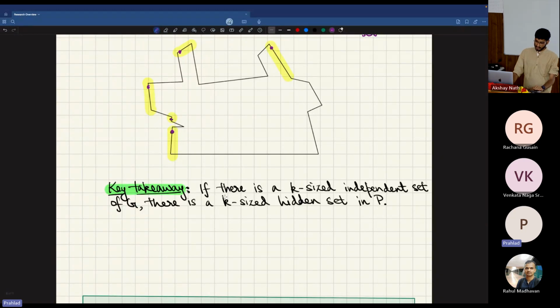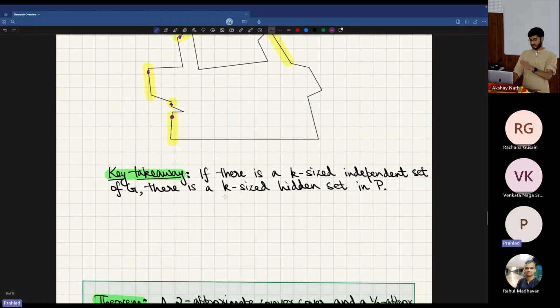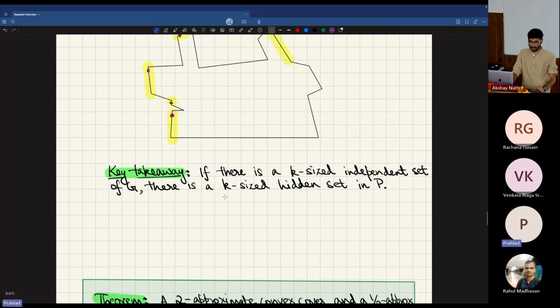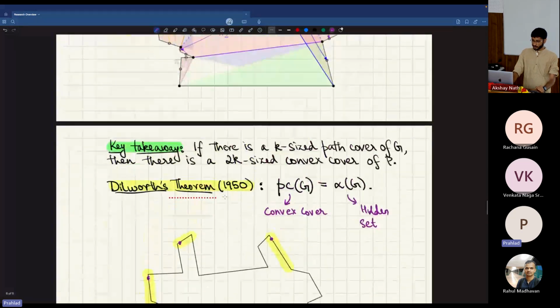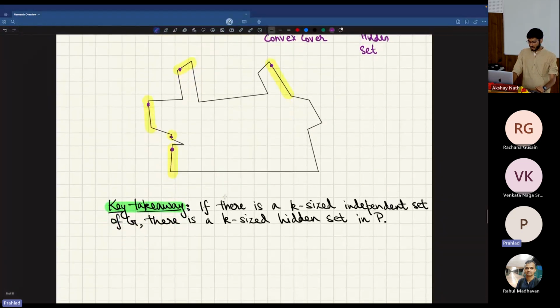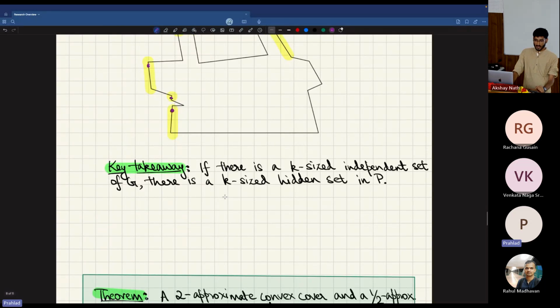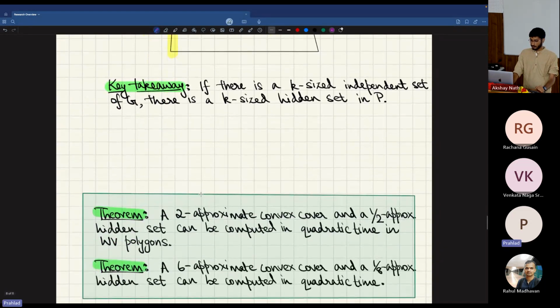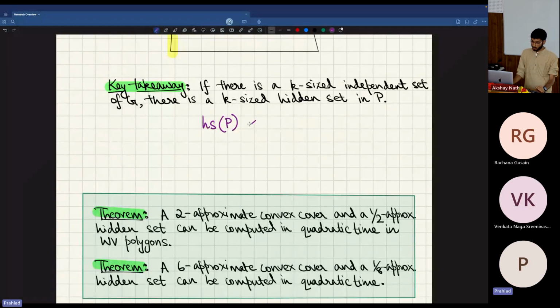If there is a k-sized independent set, there is a k-sized hidden set of P, right? We're going to use these two things to get our approximation factor. What we're going to do is use what we wrote before, which is that the hidden set number is at most the convex cover number, right? This is the first thing that we proved, indeed the only thing that we proved.